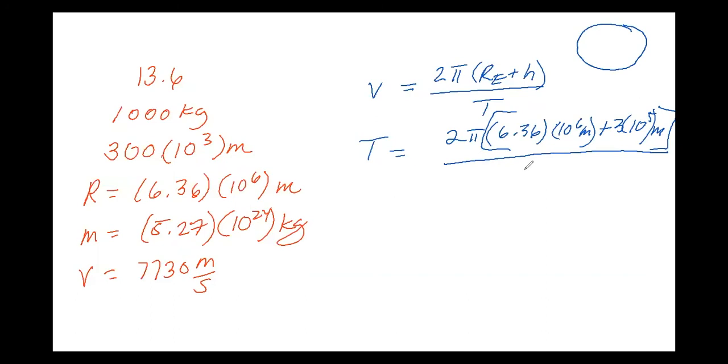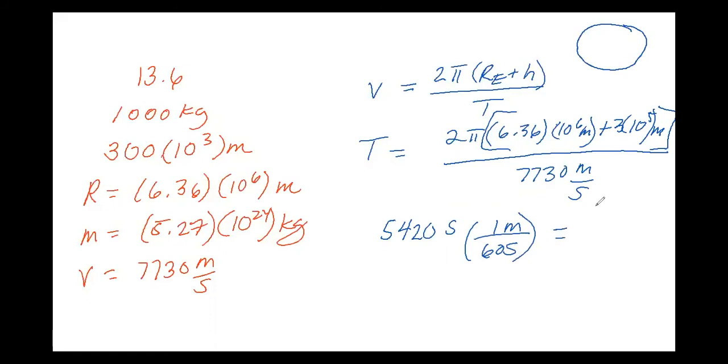And then that's over 7730 meters per second. We're going to get a value in seconds, which would be 5420 seconds. And if we divide by 60 seconds per minute, that will give you 90.4 minutes. Wow, that's fast.